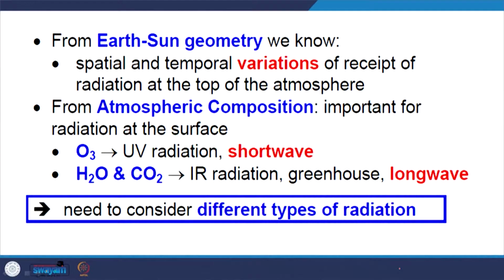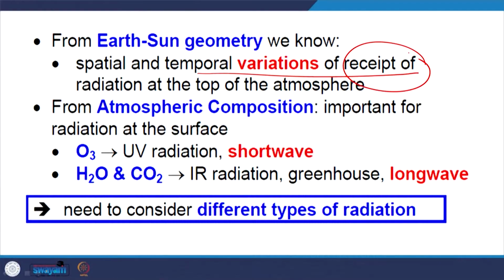Okay. Now, from the sun and earth geometry, we know that there are spatial and temporal variations. That means, depending on the position of earth with respect to the sun. Treating the sun as a stationary object, we treat earth to be revolving around the sun, and this revolution generally takes 1 year for completion, right.